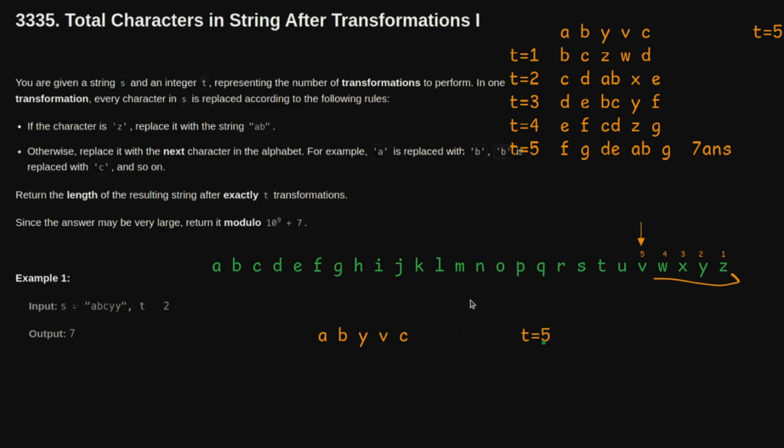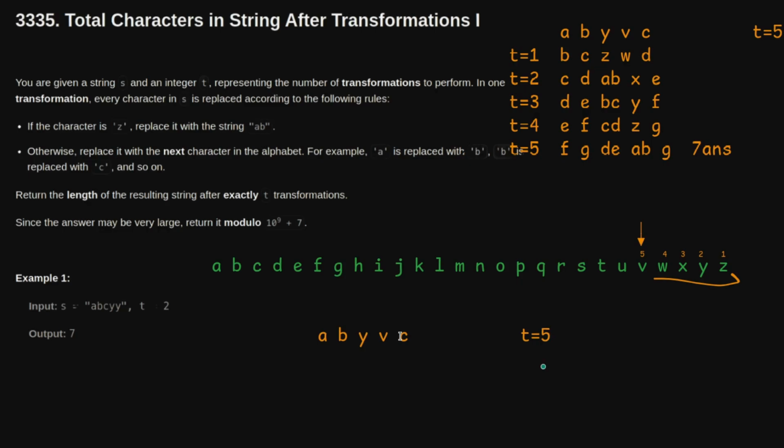I am saying that if anything is greater than this 5, add 1, 2, 3, 4, 5 in reverse order, and if anything is greater than 5, then replace it by 2, otherwise it will remain 1, right?